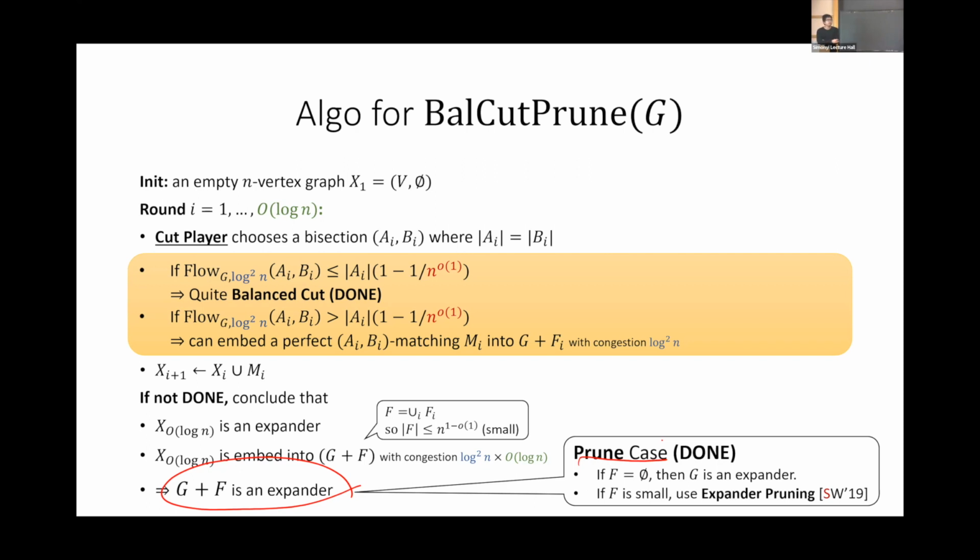And in this case, you can actually get the prune case. If F itself is empty, then G is an expander and you are really done. It is a prune case where the cut S is empty, there's no cut.